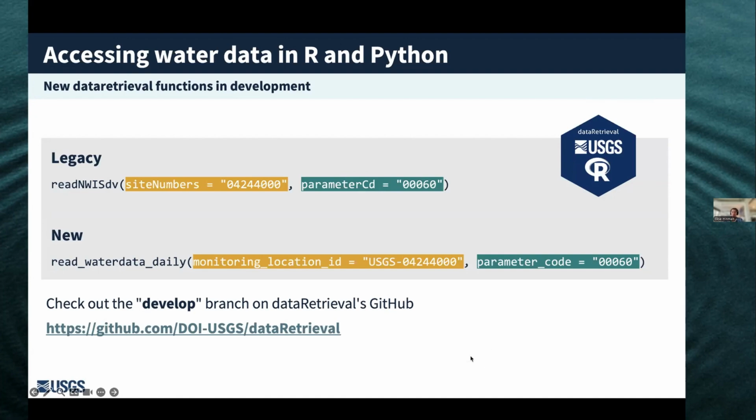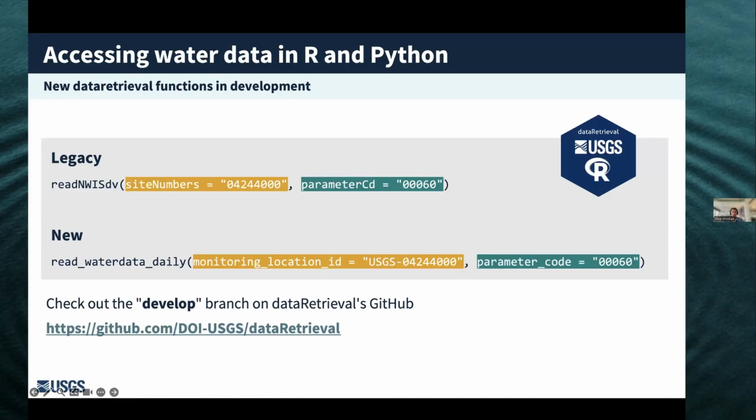This ensures that the user's call will return a unique monitoring location, since it's possible for multiple agencies to have the same site number. Now, the parameter code input looks almost identical with a slight change in the input name. But what I want to note here is that read_enlist_dv returns each P code as its own column, also called a wide format.